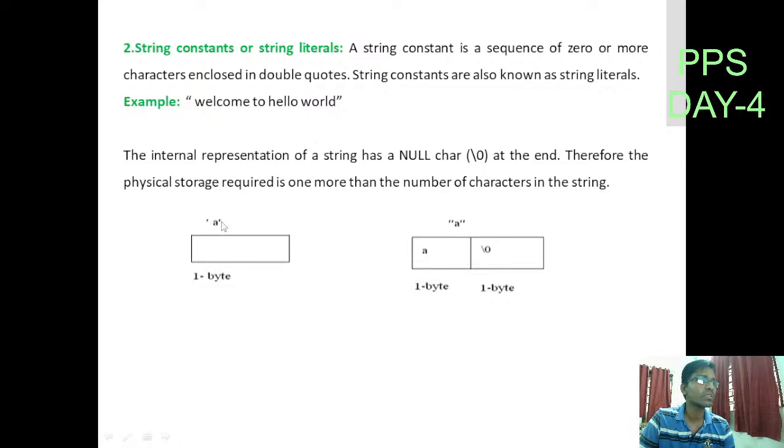Then what is the difference between a single character and string constants? In a single character constant, there is no extra byte for storing the character in memory, whereas a string constant requires one more byte for storing a null character. That is the only difference here. I hope you understand what I am saying.